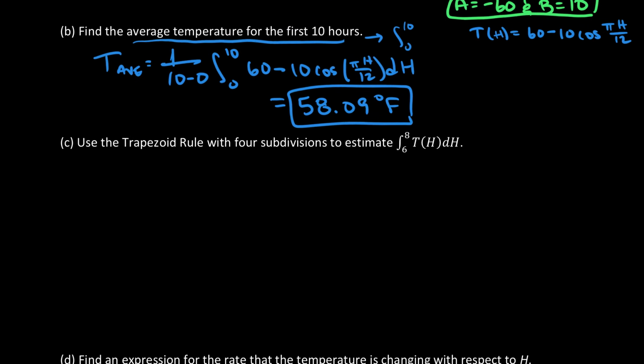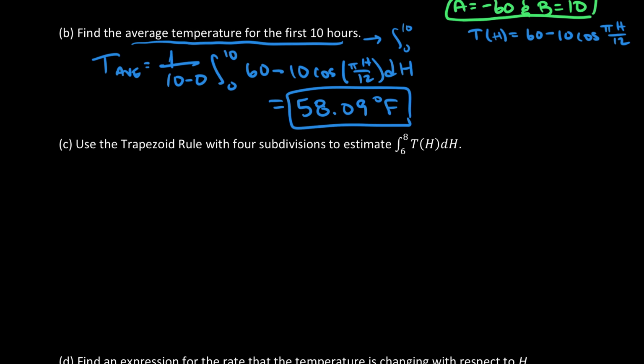All right, moving on to the next question. Here it says to use the trapezoid rule with 4 subdivisions to estimate the integral from 6 to 8 of T of H dH. This is a little bit different since it's saying 6 to 8, not 0. So we need to determine what our spacing is. Our delta x is our spacing, which is b minus a over n.